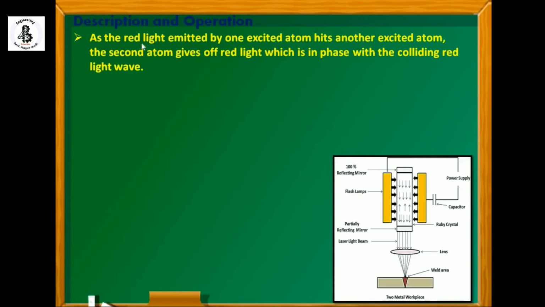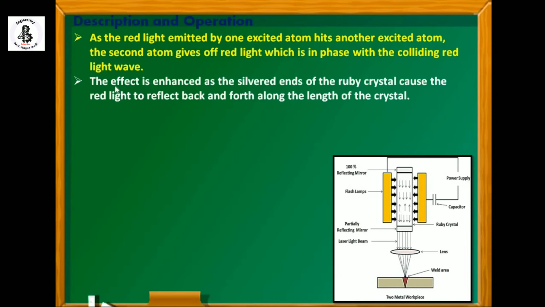As the red light emitted by one excited atom hits another excited atom, the second atom gives off red light in phase with the colliding red light waves. Such happenings take place in these chambers. The effect is enhanced as the silvered ends of the ruby crystal cause the red light to reflect back and forth along the length of the crystal.